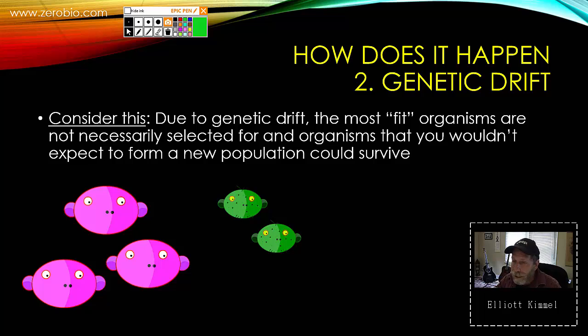Well, imagine an accident then occurring, all right? What if there's a volcano that just happens to erupt, and this guy dies, and this guy dies, and this guy dies? It's not that these ones were more adapted to the environment, better, fitter, stronger, faster, or even better looking so that they could find mates.